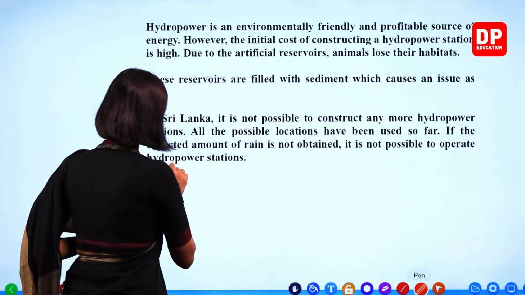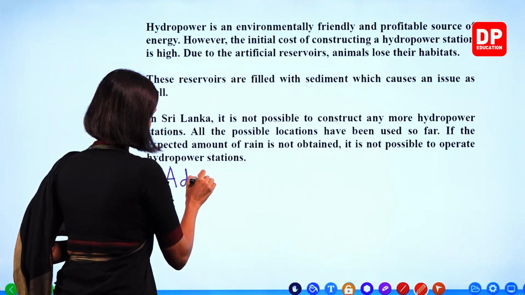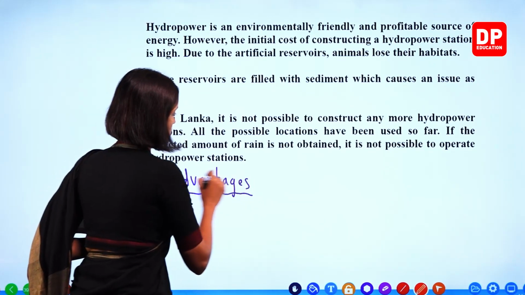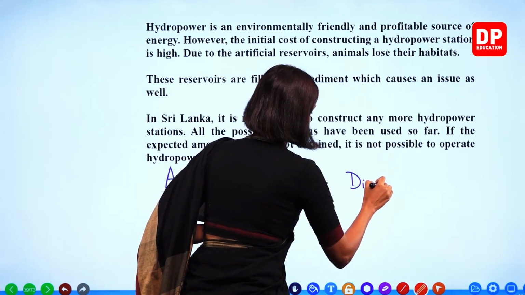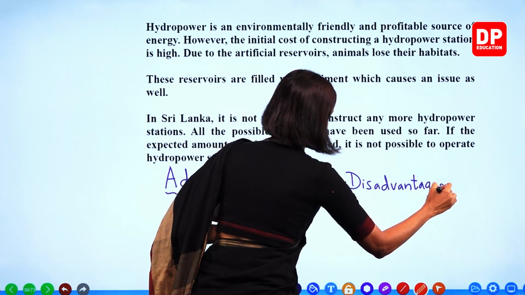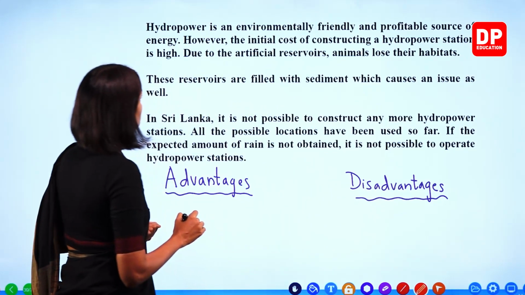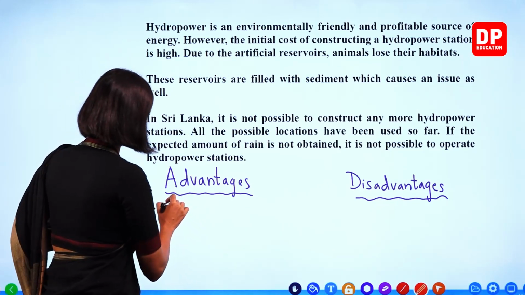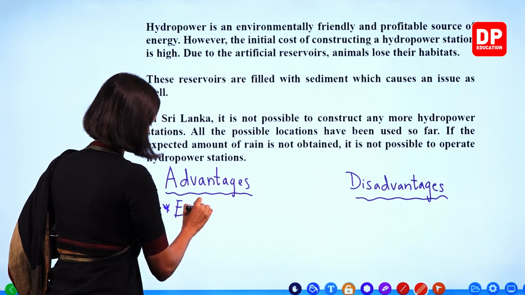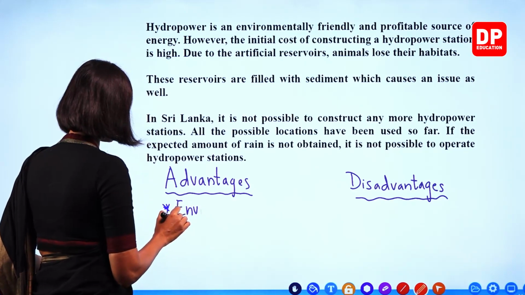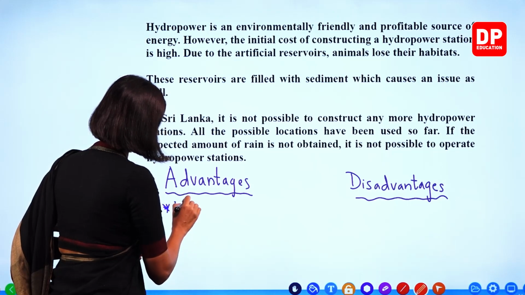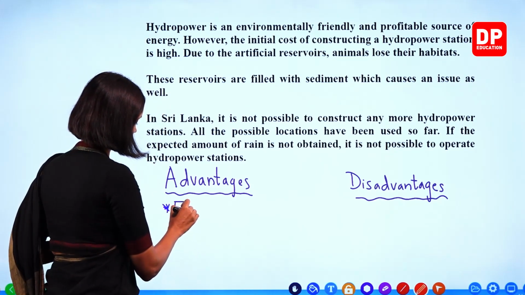Advantages. Disadvantages. So environmentally friendly is an advantage. We will write: environmental pollution is minimized.